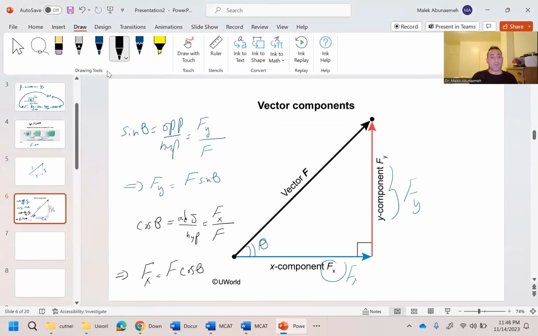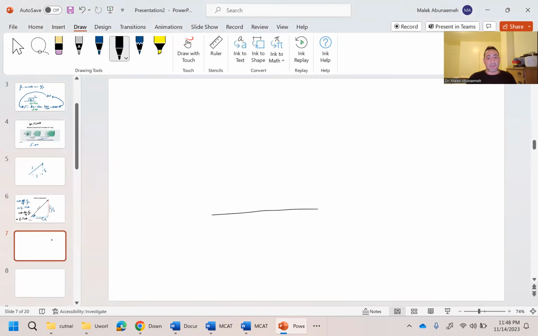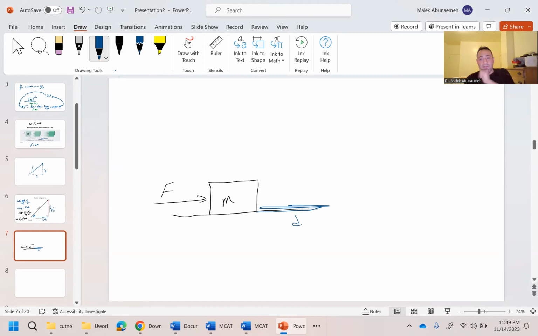So going back over here, we have this little object that we're pushing over a distance. Let me actually draw this one. This is my object with mass m, and I am pushing it with a force over a distance d, a displacement, from initial position to final position.